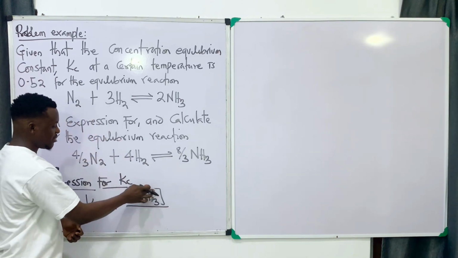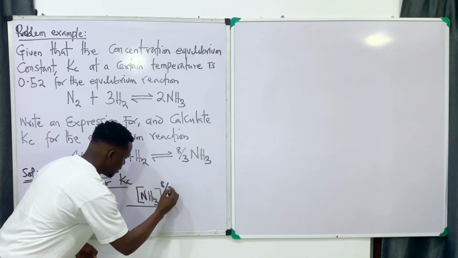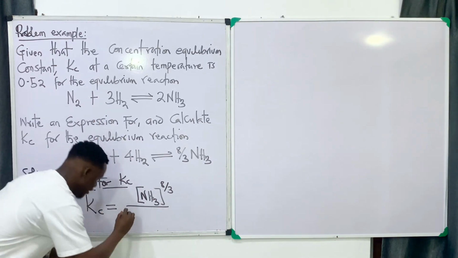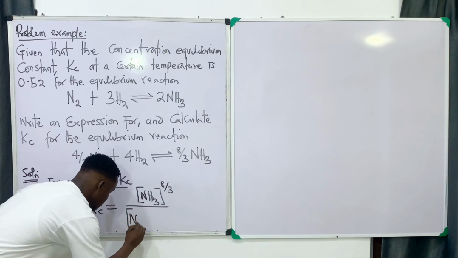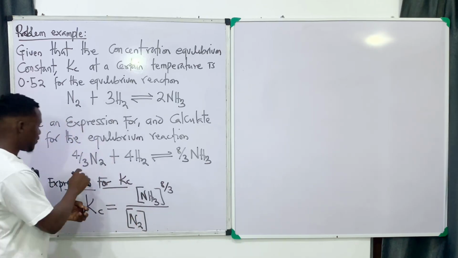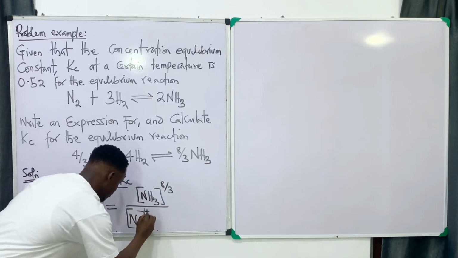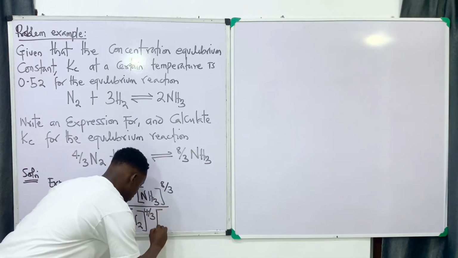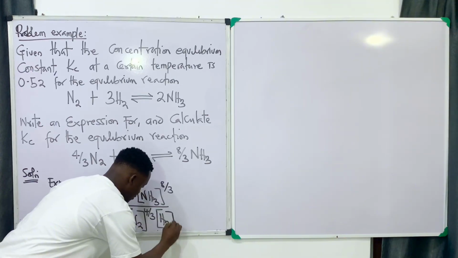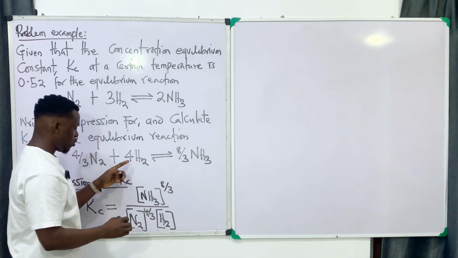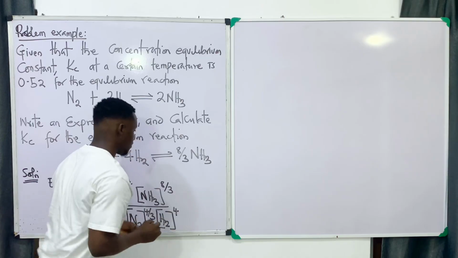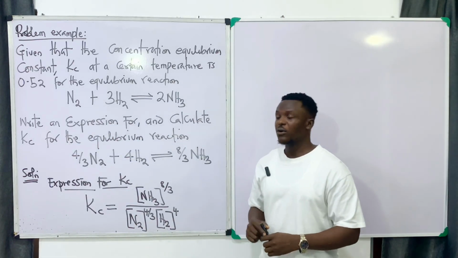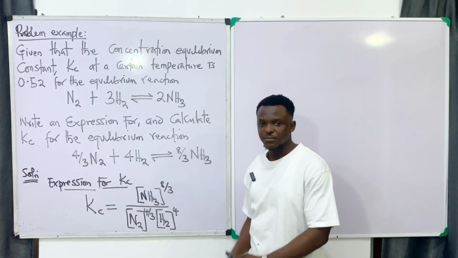Now the coefficient of ammonia here is 8 over 3. Now this is divided by nitrogen. The coefficient of nitrogen is 4 over 3, times concentration of hydrogen, right? The coefficient of this is 4. So having done this, we have written the equilibrium constant expression for this reaction.